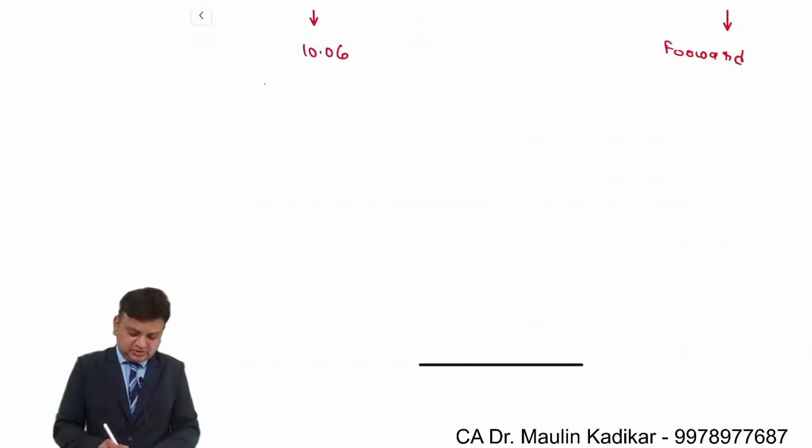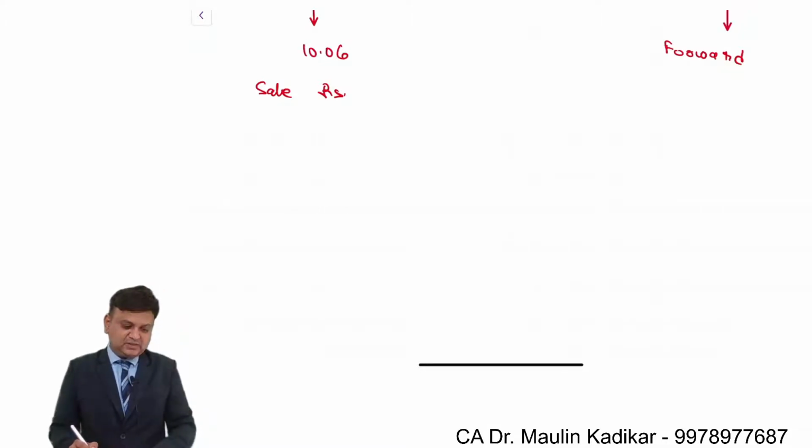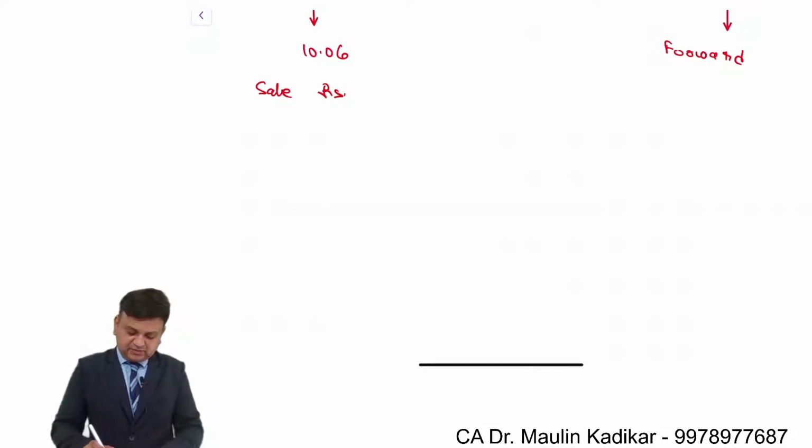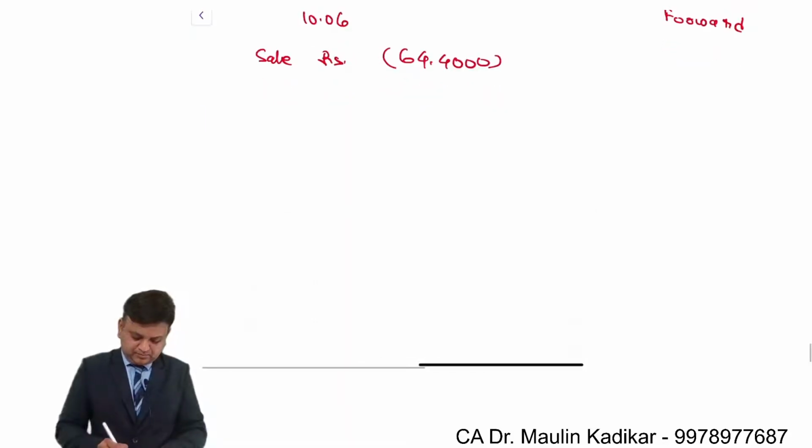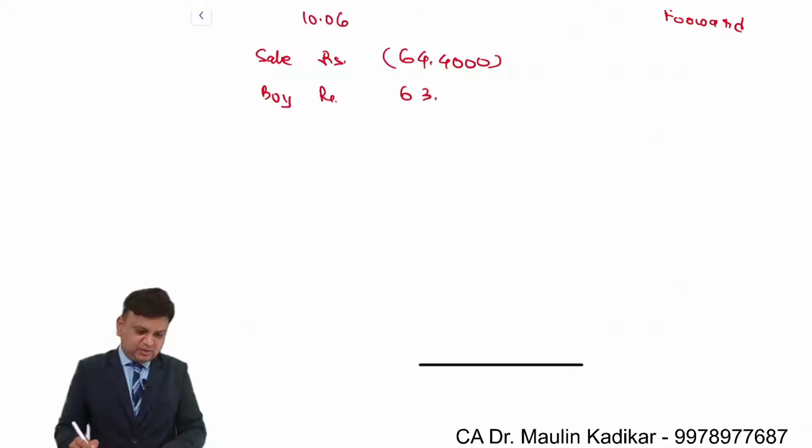For 10th of June it is sell rupees at the original rate 64.40 and you buy rupees 64.28.80.